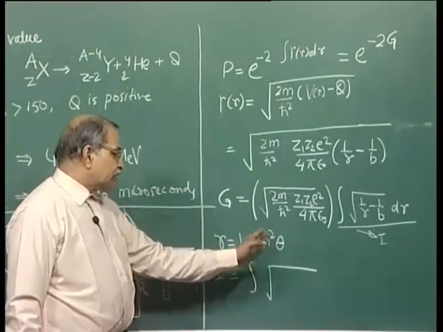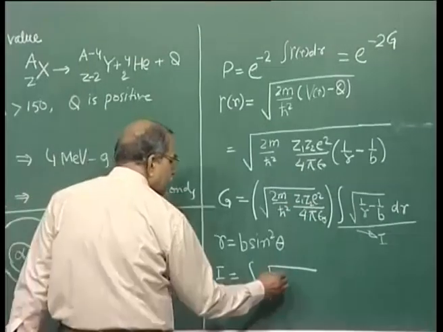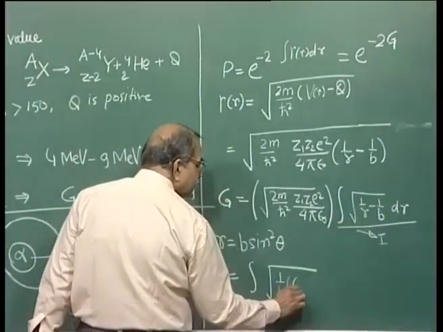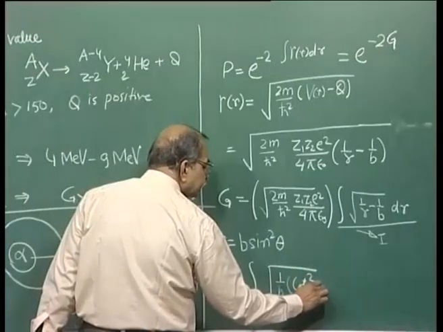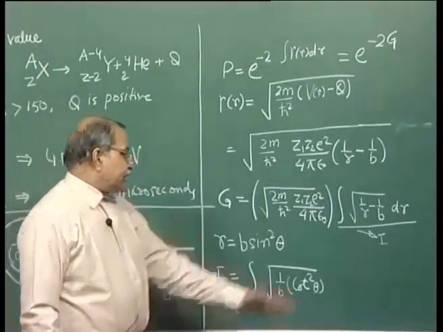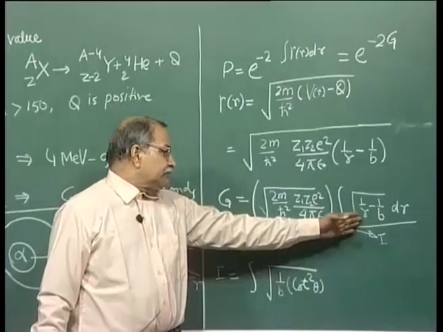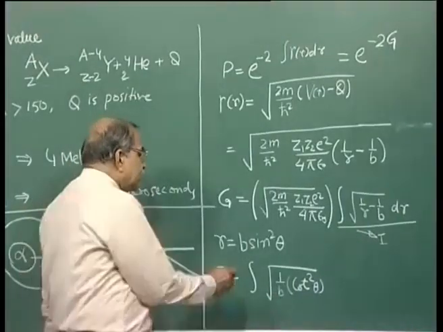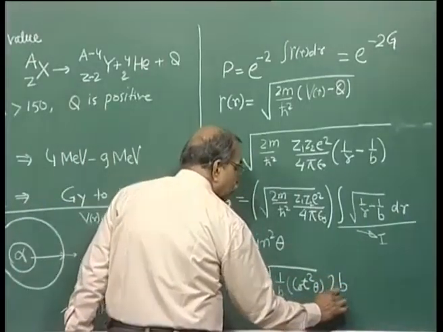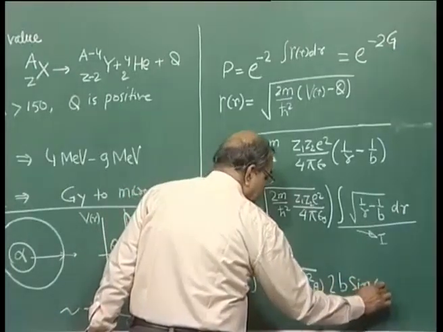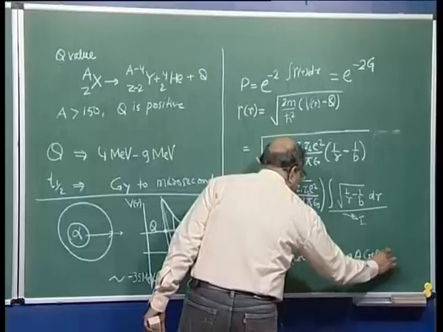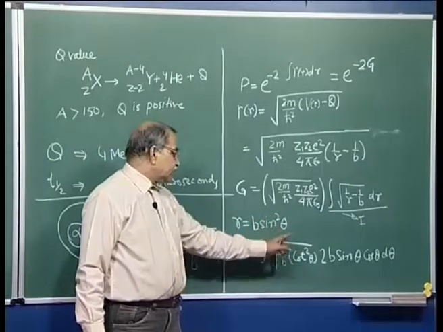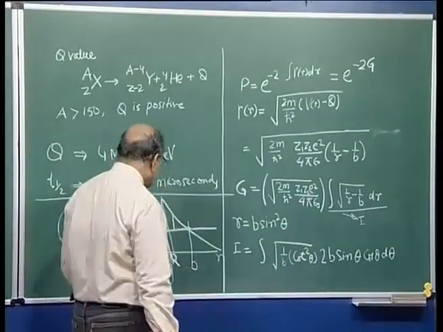So, 1 by b you can take common, and this will be cosec square theta minus 1, that is cot square theta. 1 by sin square theta is cosec square theta. And dr is b times 2 sin theta cos theta d theta. So, that is the integration.